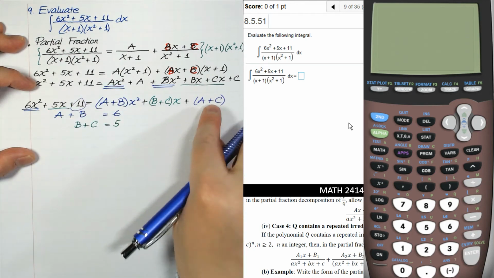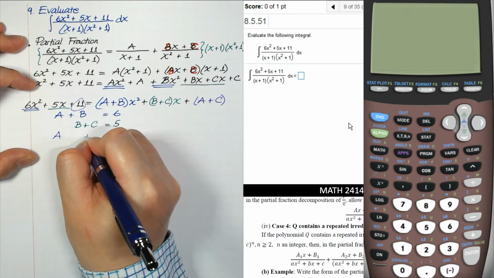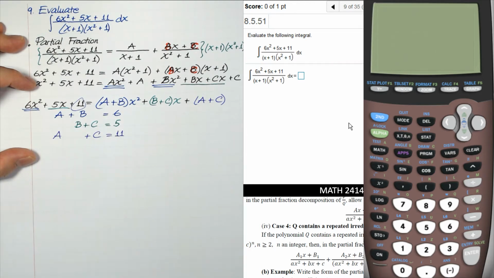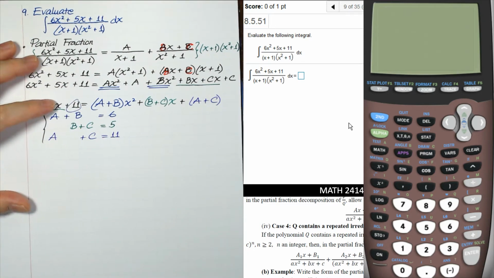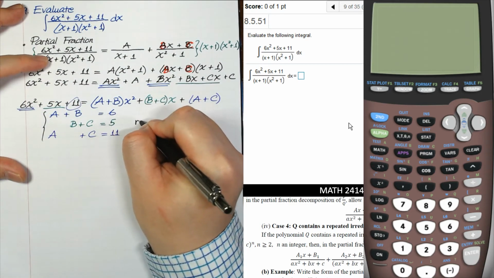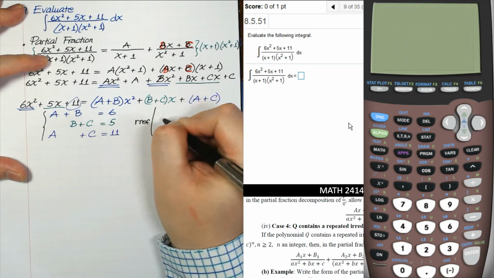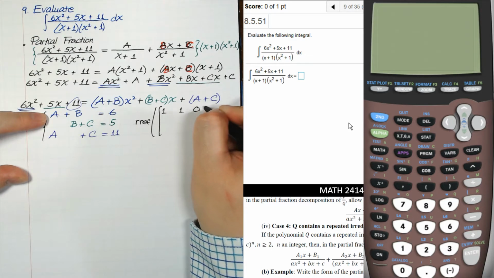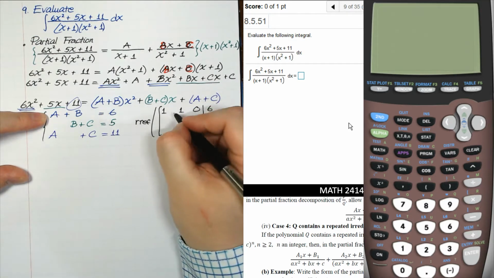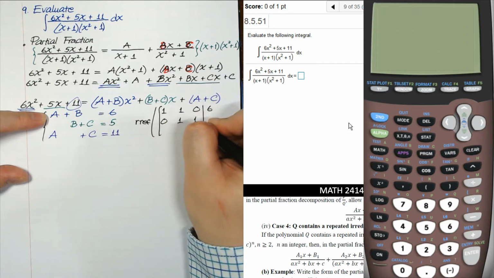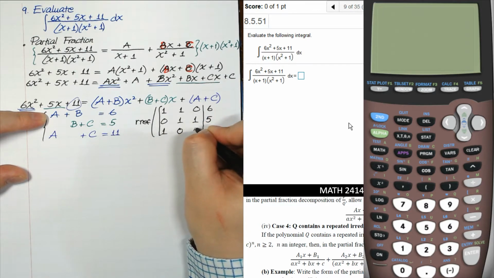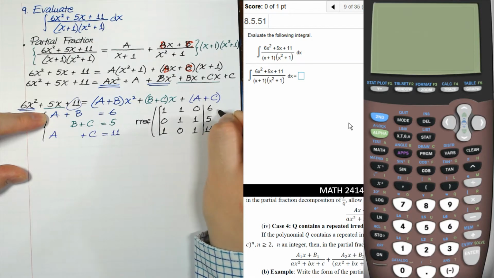And then the 11 is A plus C. Again, we can do this by hand or using the calculator. I've just used a calculator. Coefficient 1 for A, 1 for B, nothing for C, 6; nothing for A, 1 for B, 1 for C, 5; 1 for A, nothing for B, 1 for C, 11.